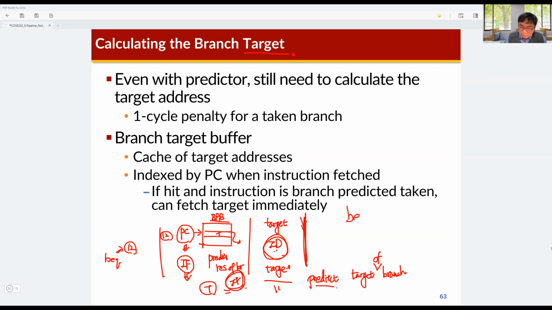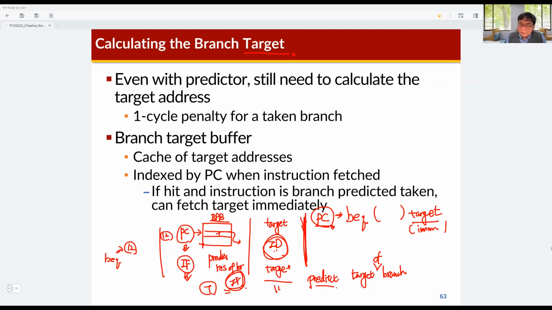If you see the branch instruction, this is a sample branch instruction. The branch instruction has a program counter value, and the target is included in the instruction as an immediate value.